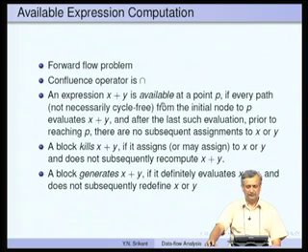Let us define that. It is very simple. An expression x plus y is available at a point P if every path, not necessarily cycle free, from the initial node to the point P evaluates x plus y. This is very important, and after the last such evaluation prior to reaching P, there are no subsequent assignments to x or y.